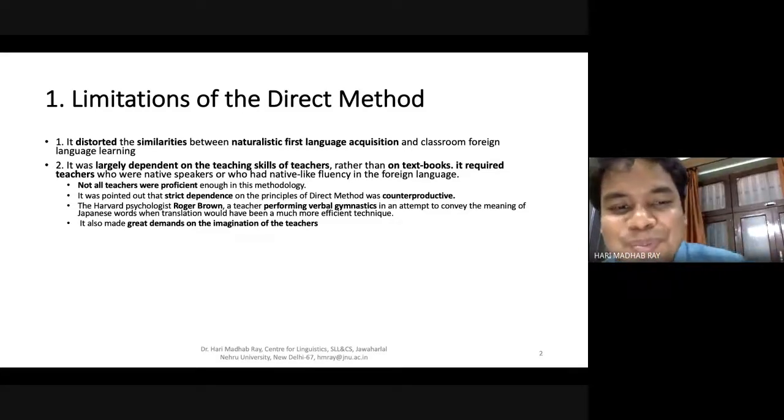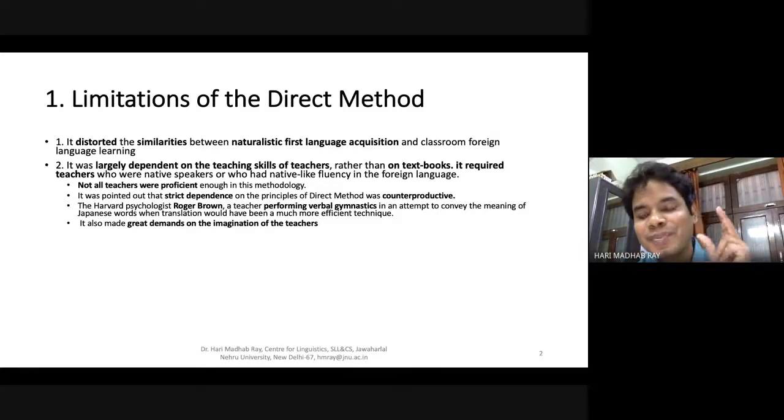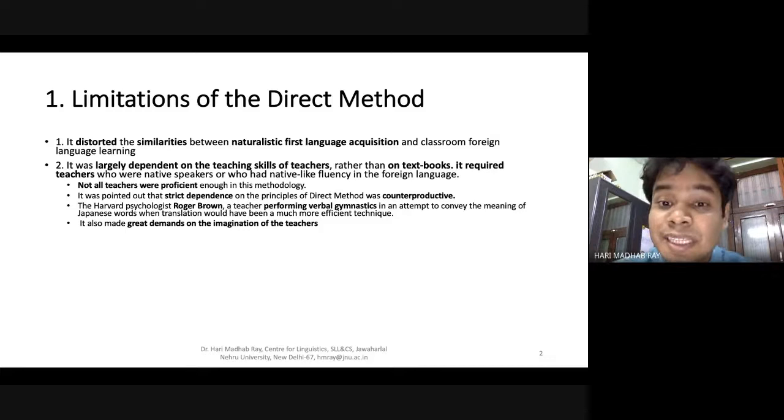And if you remember, I was telling you about the Berlitz schools, their main motto, even they are monitoring the teachers. So if the teachers are speaking in the mother tongue, maybe translating some of the words into the mother tongue, maybe the teacher is fired. Can you believe that kind of approach?